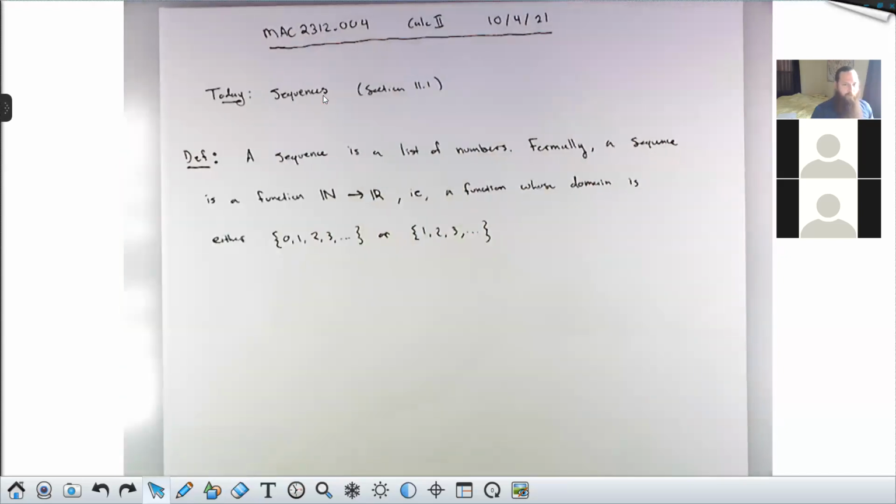People argue about which one of those sets is the correct natural numbers, whether you include 0 or not. It doesn't matter. But more intuitively, a sequence is a list of numbers.